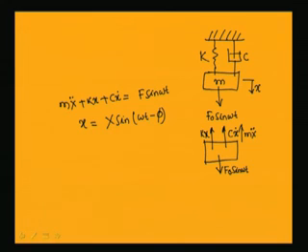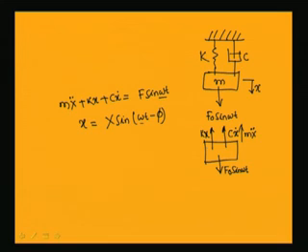You may note that the frequency of the external forcing and the frequency of the response are the same. So, I can draw a very simple force polygon to find the amplitude and phase.